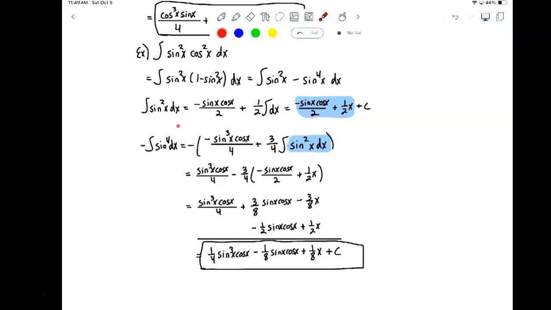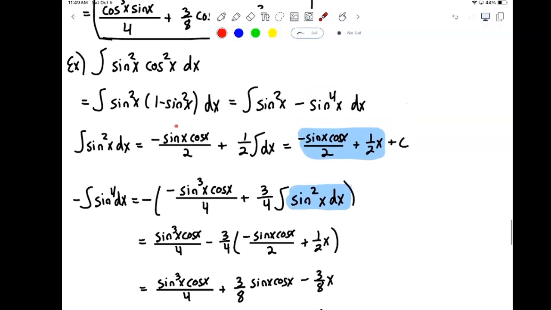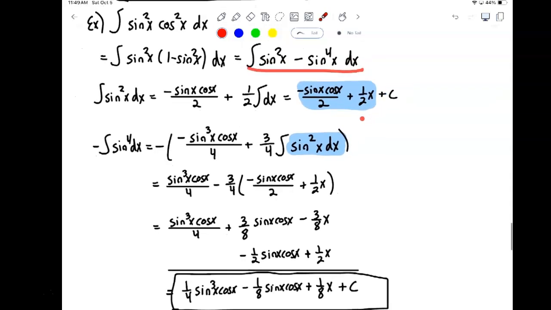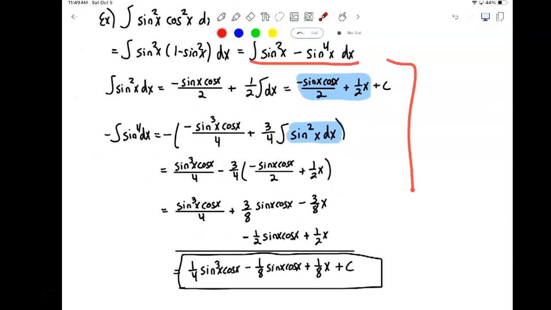So we certainly hope that when we have trig functions like sine and cosine together, we have an odd power laying around. We really want an odd power, because then we can manage it. Even powers, we have our reduction formulas, but even then, it's still a fair bit of effort to work our way through it.